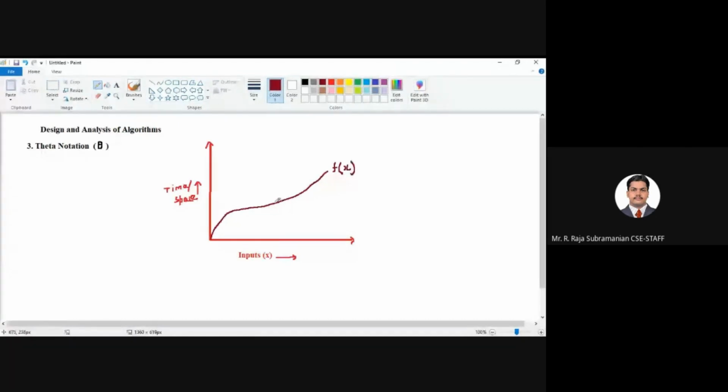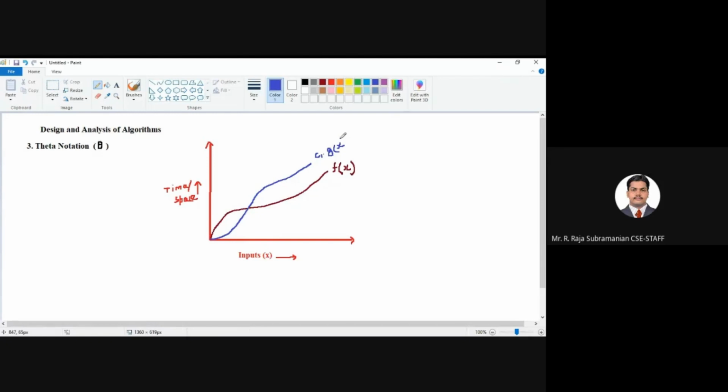What I have to find is another function, which is nothing but c1 into g of x. So now you have understood. Previously I wrote it as c into g of x for worst case and best case.